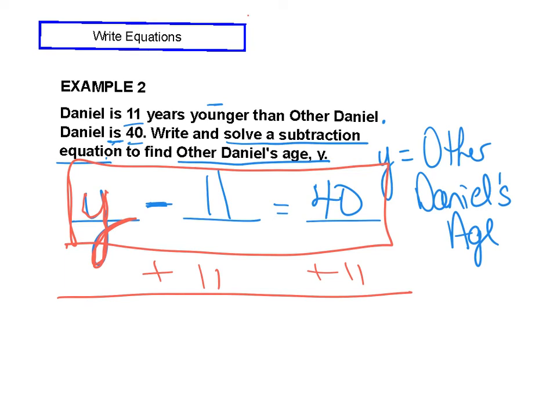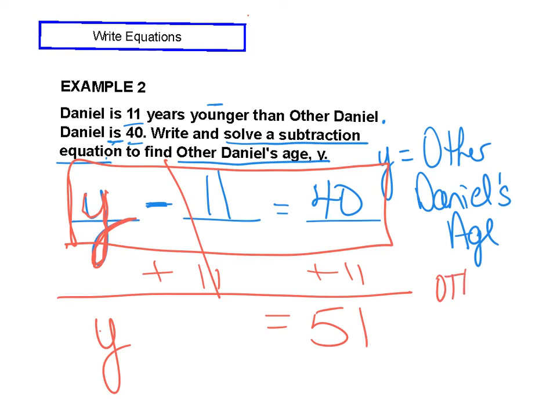How do we do that? By doing the inverse. So y comes down, negative 11 plus positive 11 is simply 0. 40 plus a positive 11 is 51. So y equals 51.